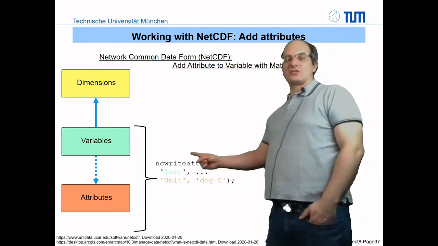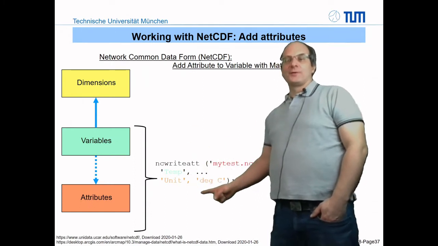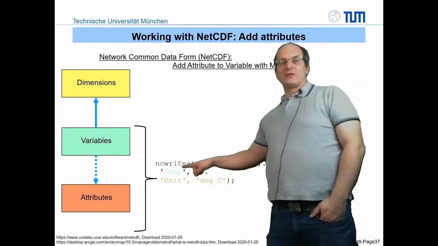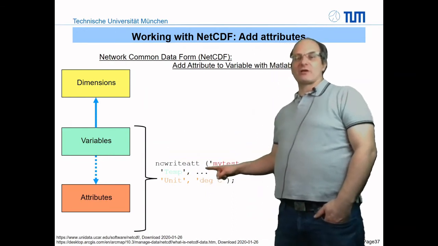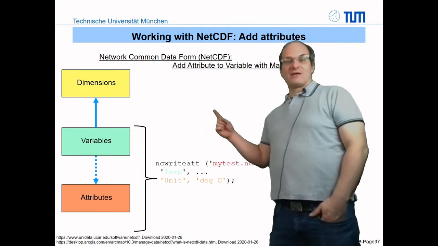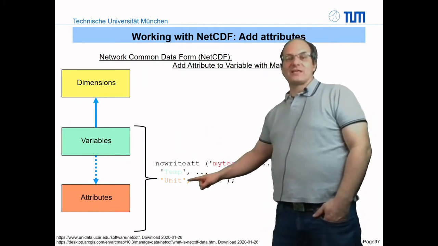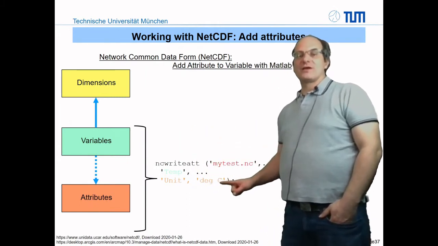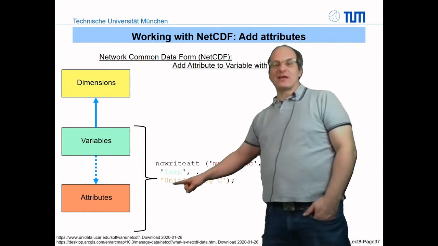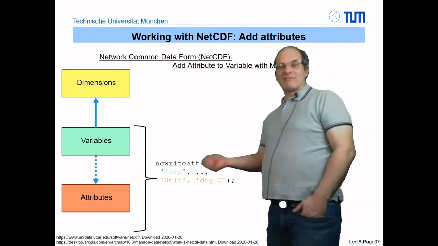So you set an attribute for the temperature variable. And it's not a global attribute, it's a local attribute defined for this special variable. And you define it as unit with degrees Celsius. So in this case, you name the attribute and then you give a value for this attribute.